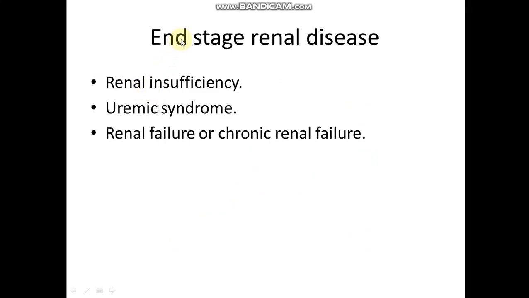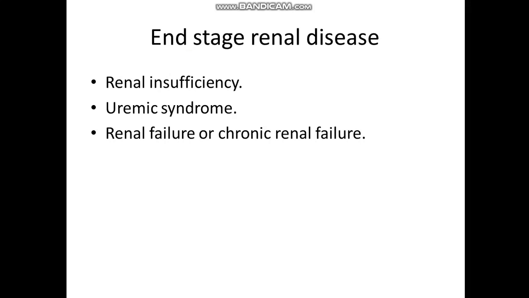So the first stage is renal insufficiency, in which there is destruction of the nephrons below 50%, and hypertrophy of the other nephrons to compensate for the destroyed nephrons. Usually the patient looks normal, there is no clinical manifestation, but laboratory investigation might indicate some abnormalities.